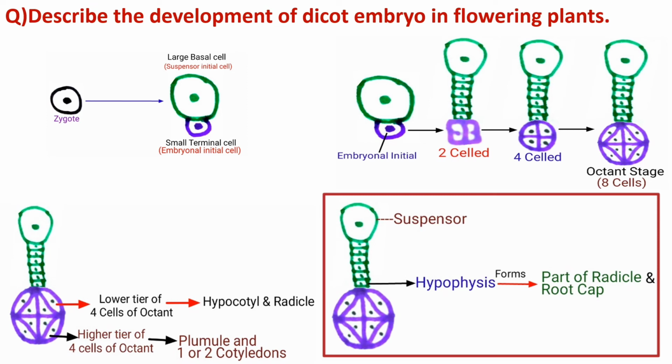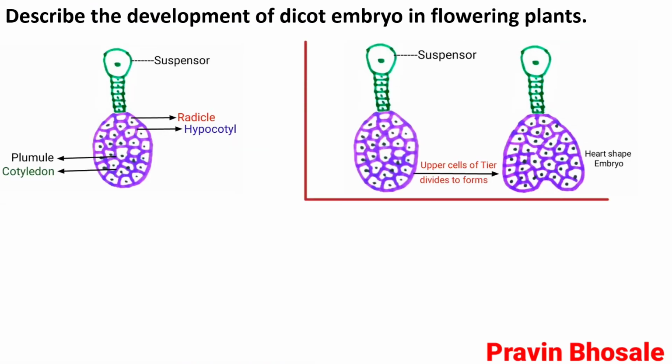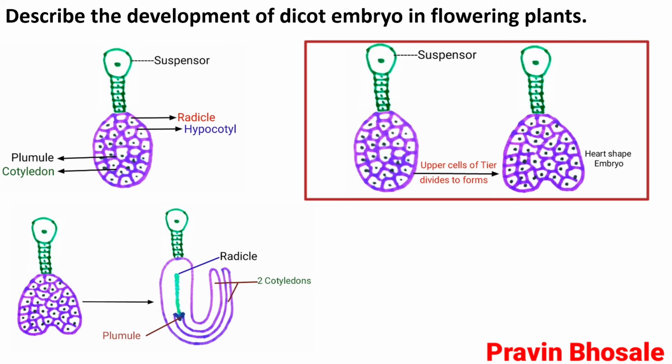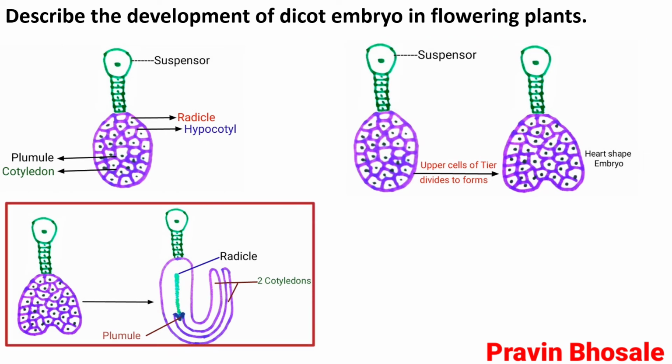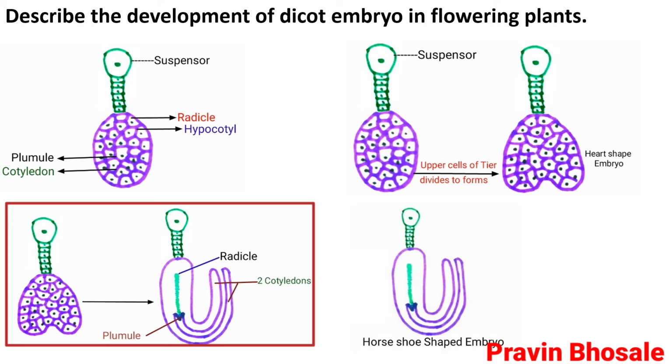Then the cell of the suspensor down, that is hypophysis, forms part of the radicle and root cap. Upper cells of the tier divide to form a heart-shaped structure of the embryo, and further the cells divide and redivide to form a horseshoe-shaped structure, that is the embryo.